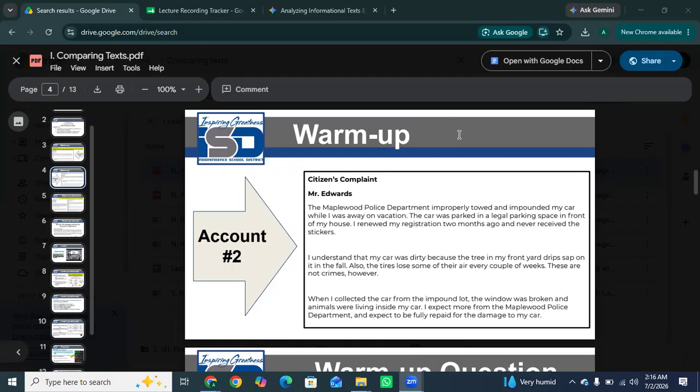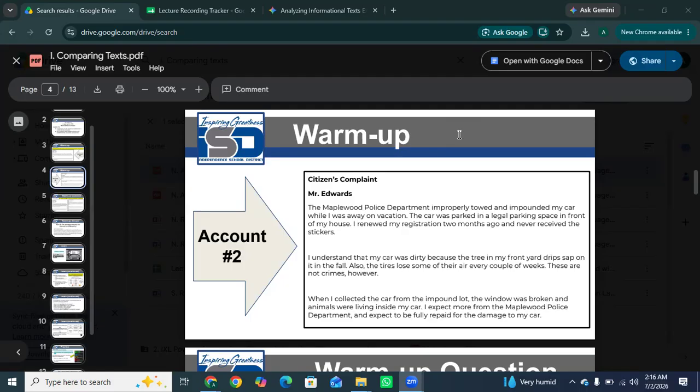It is about Mr. Edward, who files a complaint saying the police improperly towed his car while he was away on vacation. He claims his registration was renewed, the dirt was just tree sap, and the tires leak slowly.